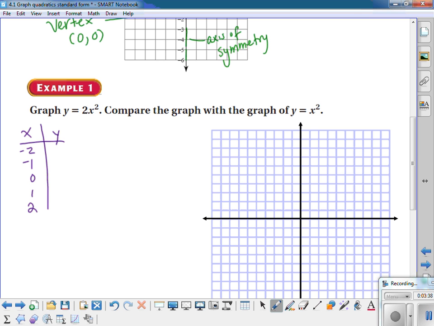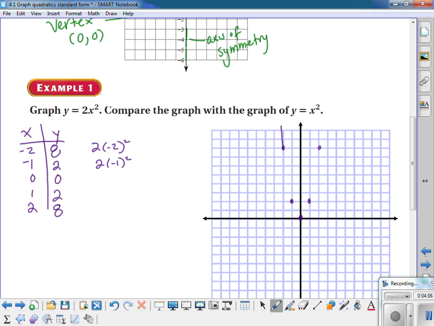So this time if I put in a -2, -2 squared is +4 times 2, now I get 8. And then 2 times -1 squared, I get 2, 0, 2 and 8. And then I plot the points. So -2, 8, -1, 2, 0, 0, 1, 2, and 2, 8.